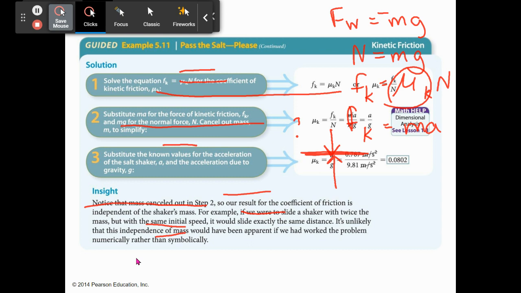Because my normal force is mass times gravity. I'm solving for that. Same exact thing. Okay. So whichever way you want to do it.